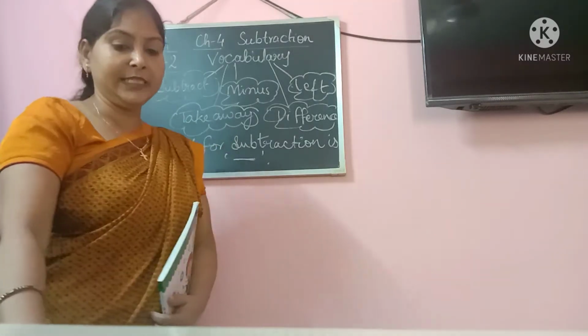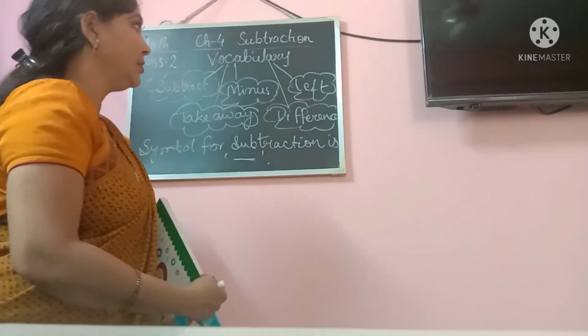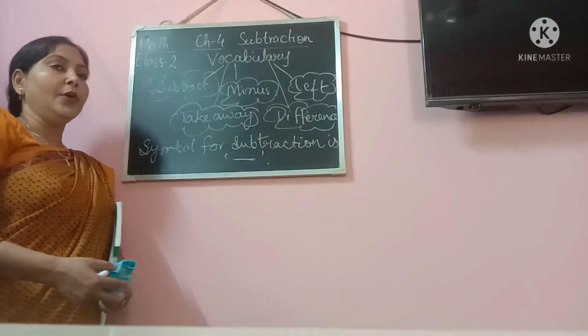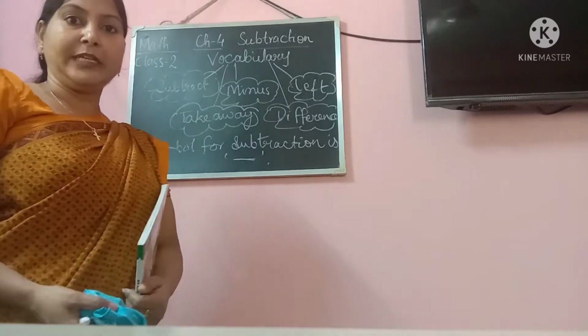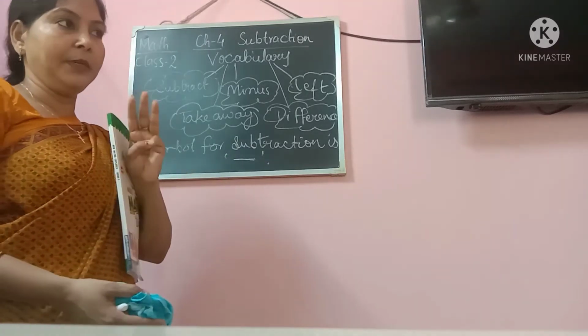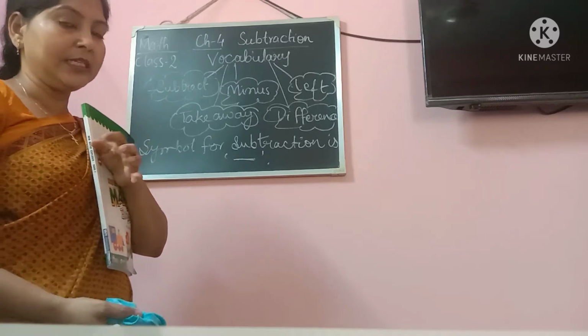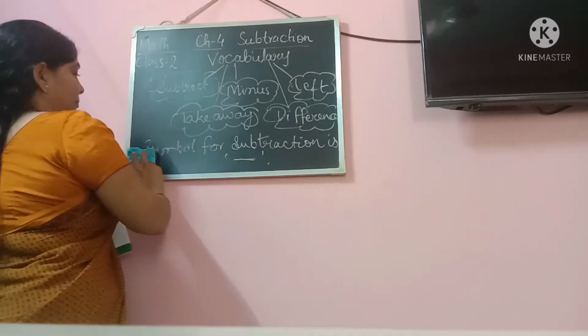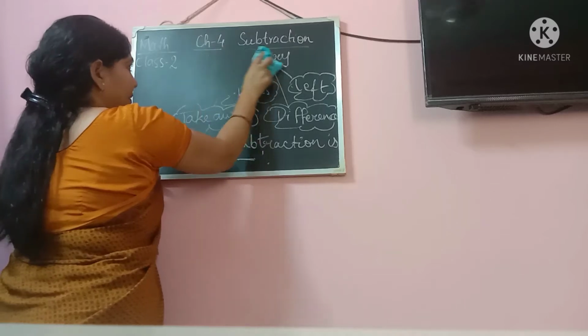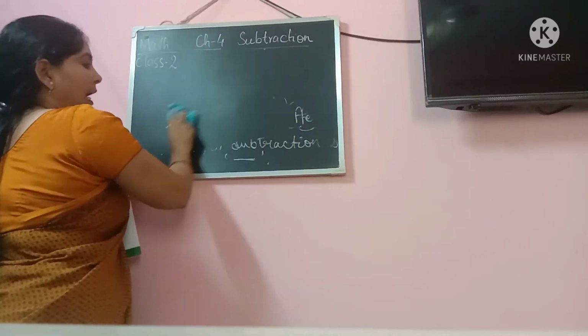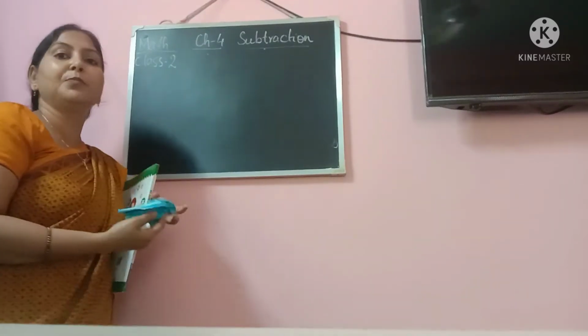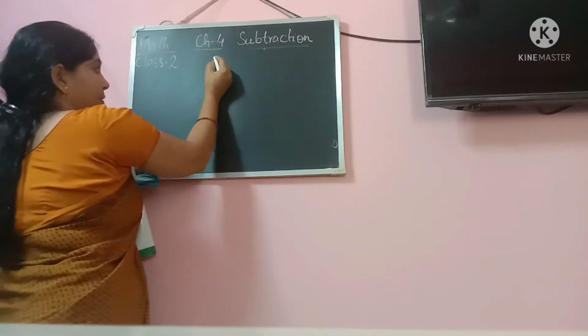Now a few more things I would like to tell you about subtraction. In subtraction we have 3 parts actually. I mean 3 terms are there which will help you to understand subtraction better. With one example I will try to explain what those 3 terms are.